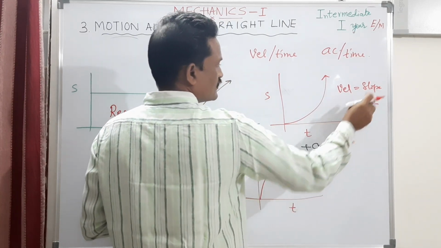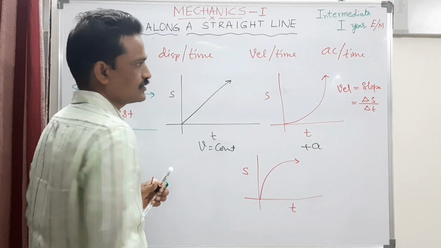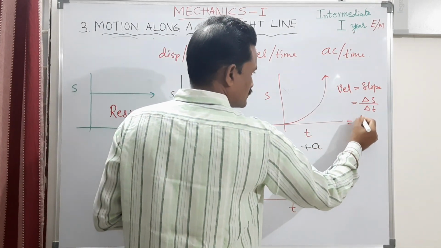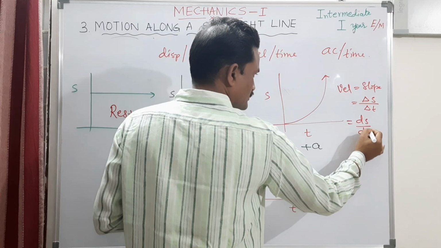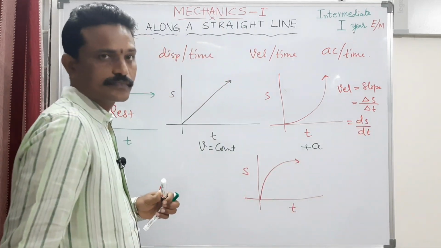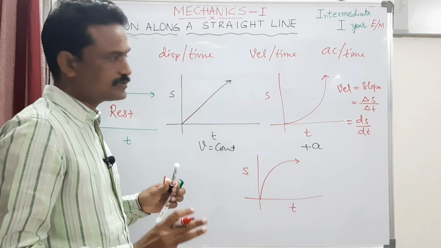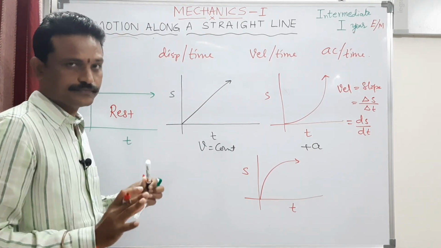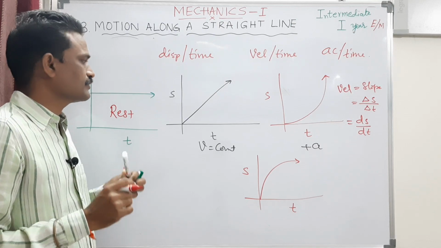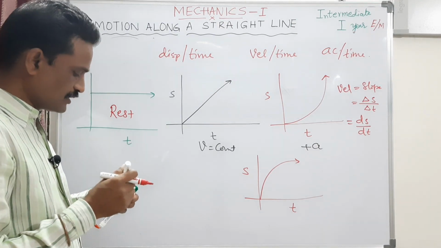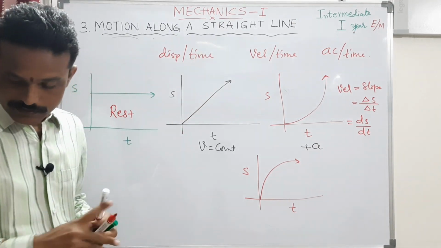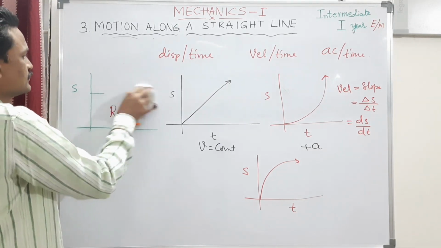For instantaneous velocity you have to talk in terms of derivatives, ds by dt. So the slope of the displacement time graph gives instantaneous velocity. Is it clear? Now I can plot a graph between velocity and time, and I can describe all this.